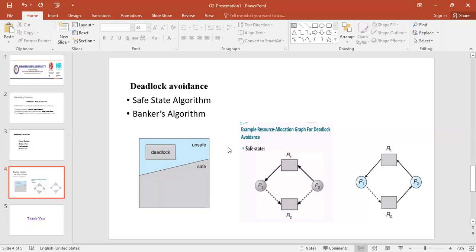Through this diagram, the safe state means the deadlock will not occur, while in the unsafe state the deadlock will occur. And in the safe state algorithm, the second mechanism is the resource allocation graph. Through these two diagrams, we can understand what mechanism gives a deadlock state and what is used for not entering into deadlock. So that's all.